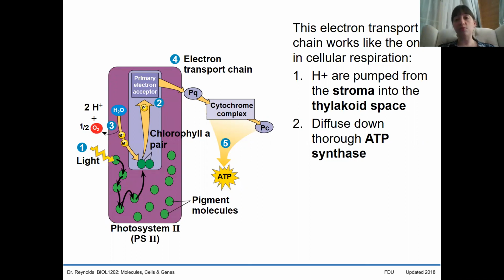And there's ATP synthase in these thylakoid membranes, which can be used to create ATP. The only difference here is that protons are pumped into the thylakoid space, which is different because in cellular respiration, we pumped protons into the intermembrane space. But since this isn't a mitochondria, we have different spaces in the cell.